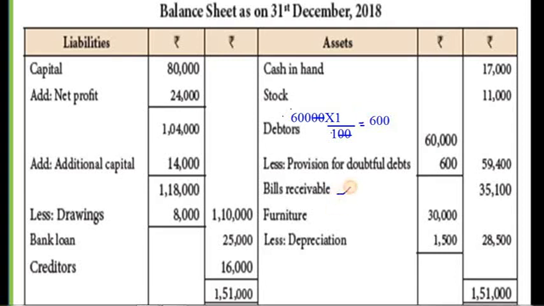After that, we have bills receivable, furniture. In furniture, we have to provide 5% depreciation. How to calculate 5% depreciation? You have to take the closing value of furniture, 30,000, and you have to do like this.